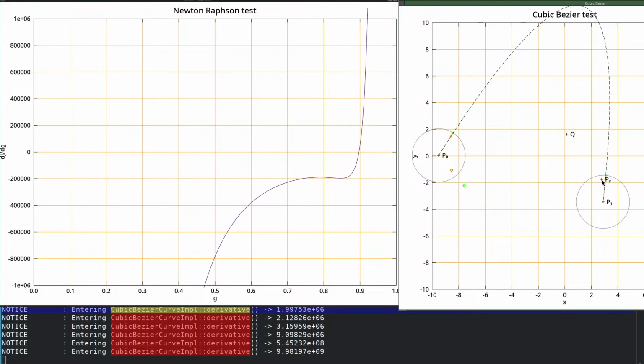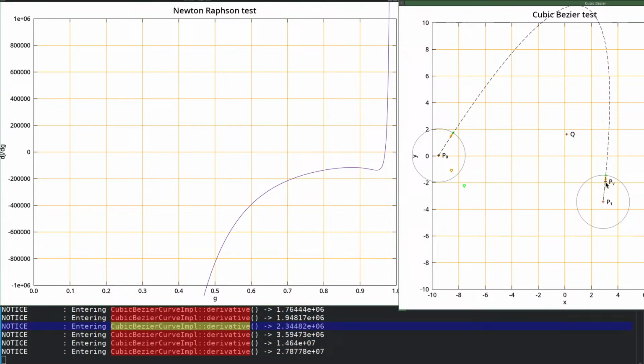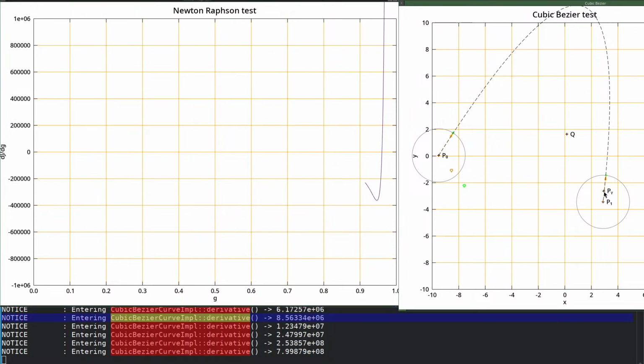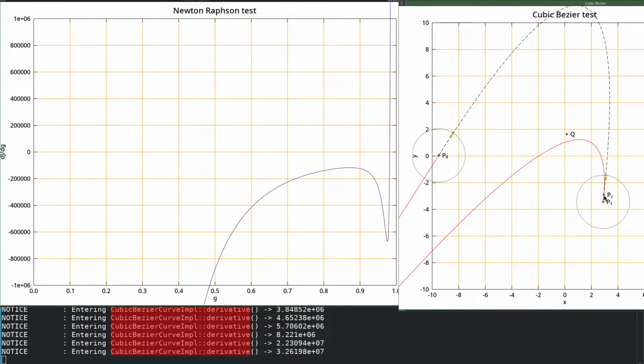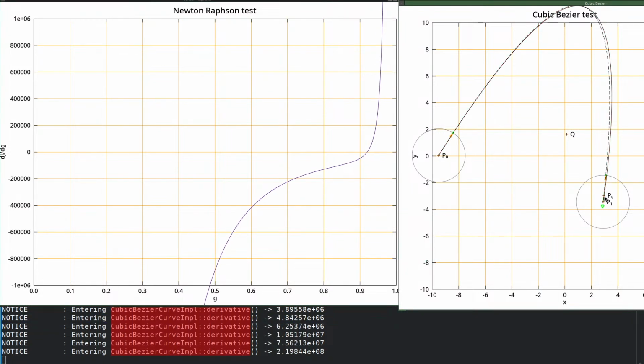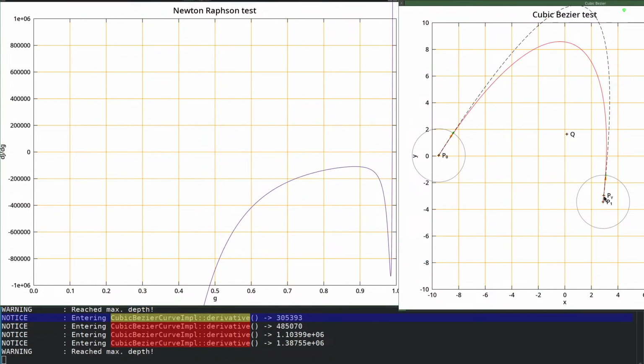Okay, so this is, yeah. Oh, wow. What a horrible function this is. Oh, beautiful. Wow, look at this. It's going to be extremely hard to find this zero here. It's like a vertical line here now.